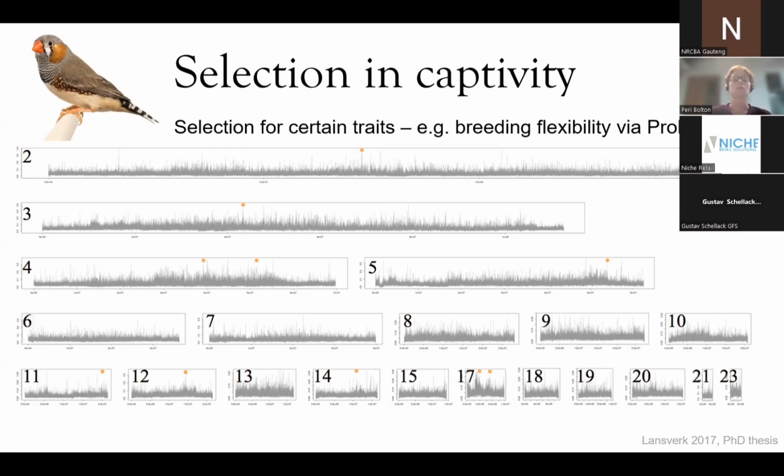One of these genes is prolactin, which you might know as involved in regulating milk production in mammals, but is also involved in timing of reproduction in birds. So this is potentially involved in changing the timing of breeding in captivity in these birds.